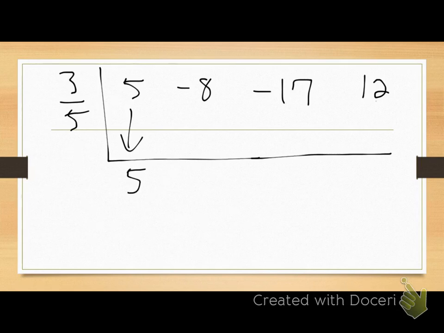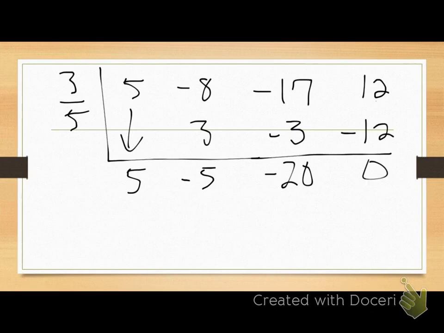It's 3/5 times 5, 3. -8 plus 3, -5. 3/5 times -5, -3. Everyone with me? -17 plus -3, -20. 3/5 times -20, -12. What's 12 plus -12?